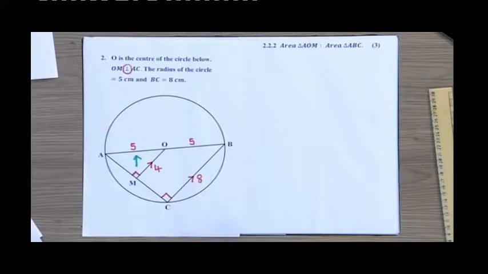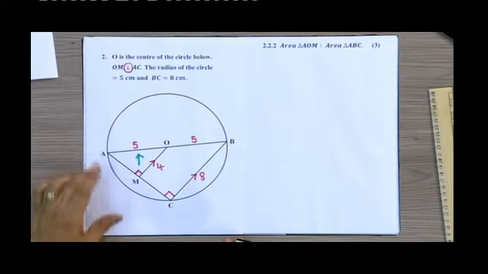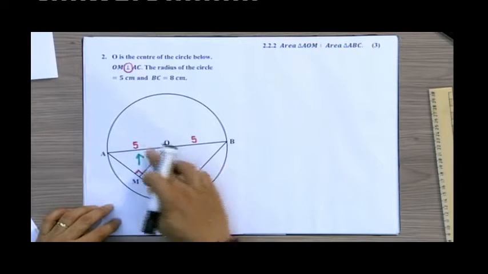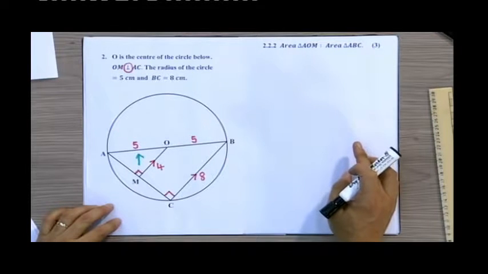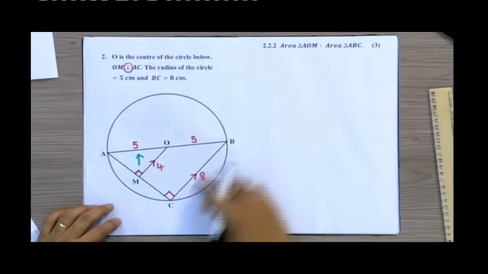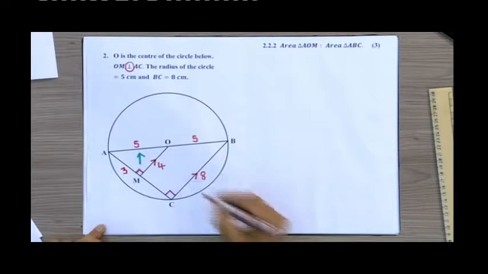Then secondly, they ask us now, write down the area of triangle AOM, which you see is the top one, compared to the area of triangle ABC. So okay, now we can start writing down the answers. We know this value here, AM is equal to 3, right?